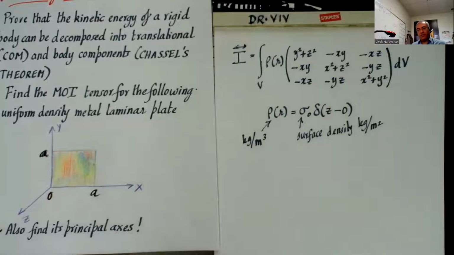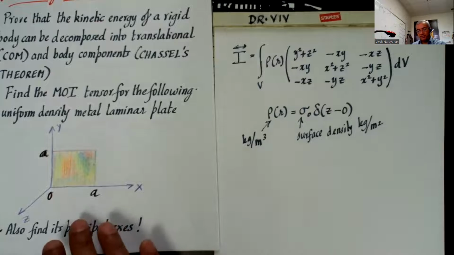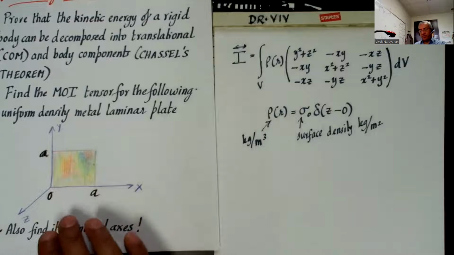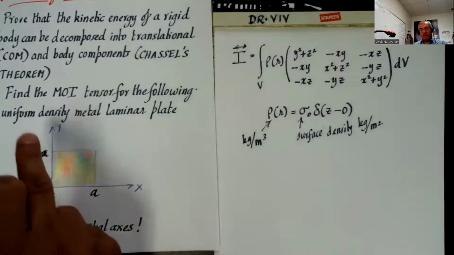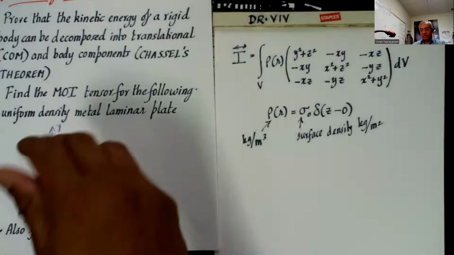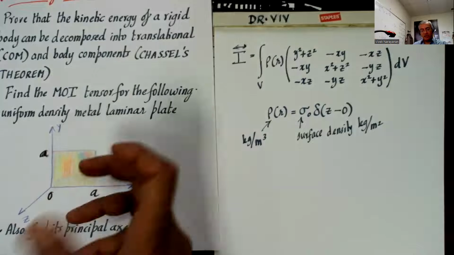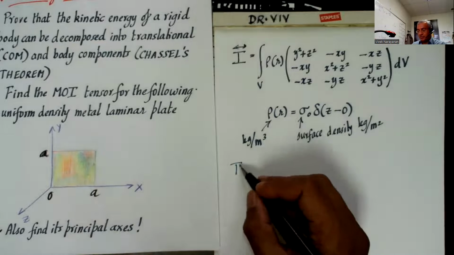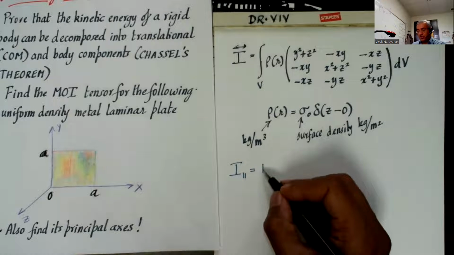Now we want to find the moment of inertia. It's very clear just by looking at it that two of the moments of inertia are going to be the same. Ix and Iy are going to be the same, because if you go here versus going here, you'll have the same effort to rotate this. So I'll do those computations together.